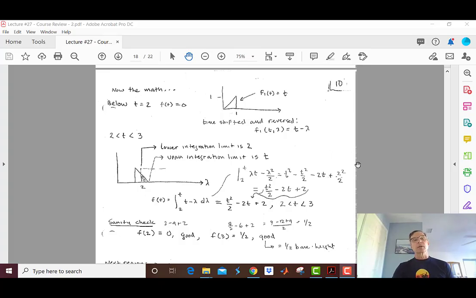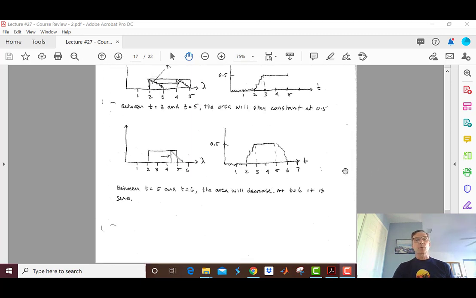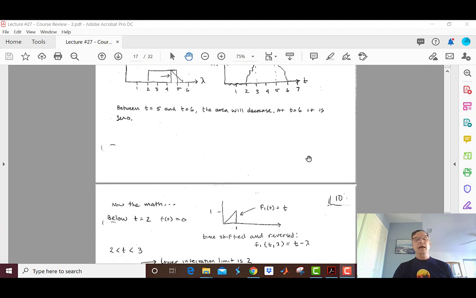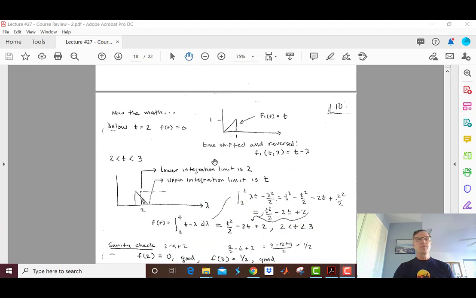So we've done this problem by doing it graphically, and that gave us really good insight where we could see what happened when we slid our little triangle through this little rectangular impulse response. But now let's do it mathematically.